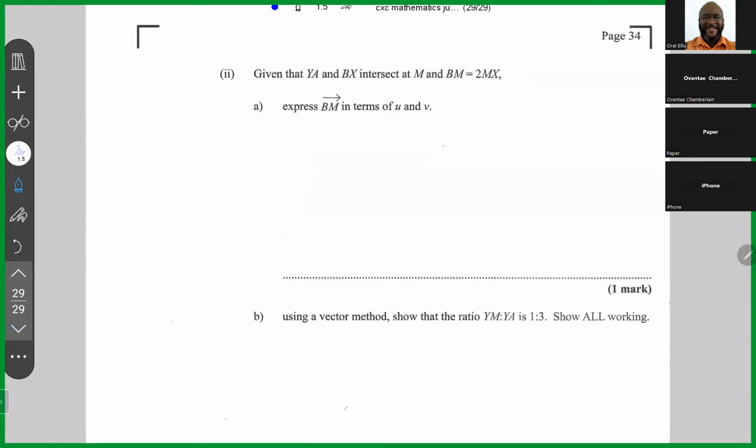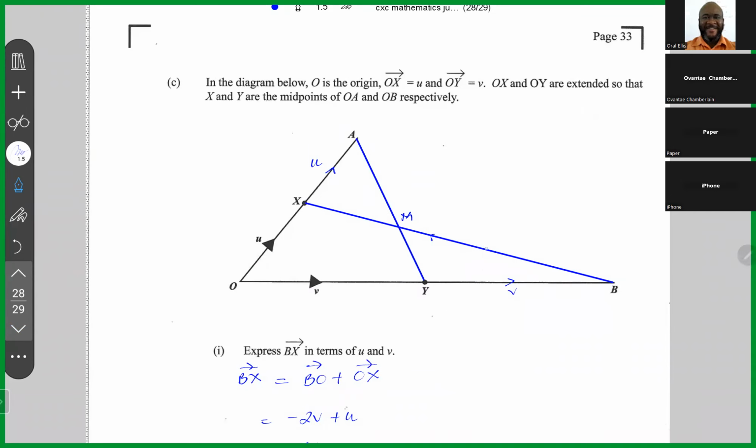We're told that BM is equal to 2MX, so this is 2 and this is 1.